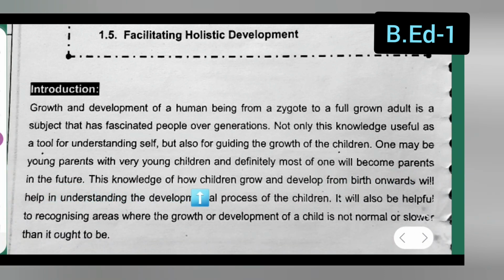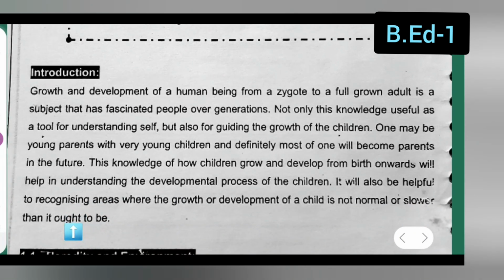This knowledge of how children grow and develop from birth onwards will help in understanding the developmental process of the children. It will also be helpful in recognizing areas where the growth or development of a child is not normal or slower than it ought to be. Okay, so this is the introduction part.